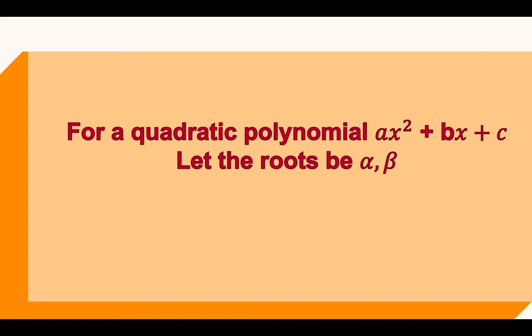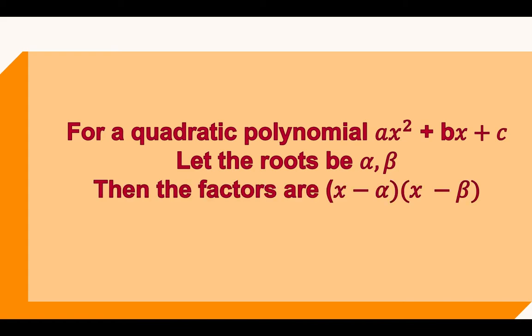These are the two solutions of the equation, or the two zeros of the equation, meaning by putting these values in place of x, the answer I get is 0. Then what will be the factors? If alpha and beta are the roots of the equation, then I can say x minus alpha and x minus beta are the factors of the quadratic polynomial.